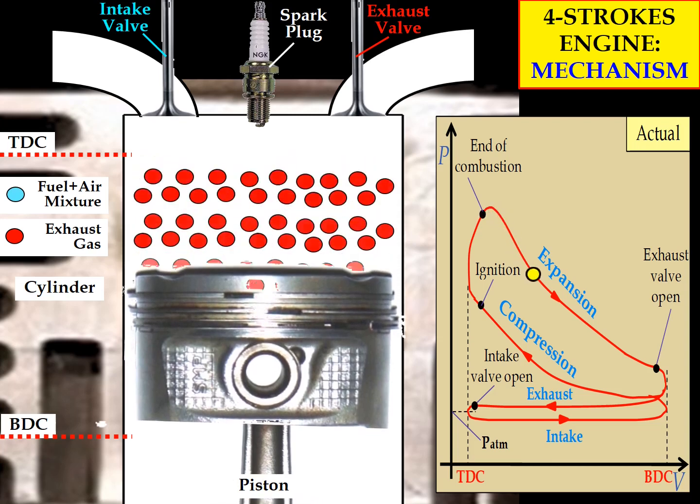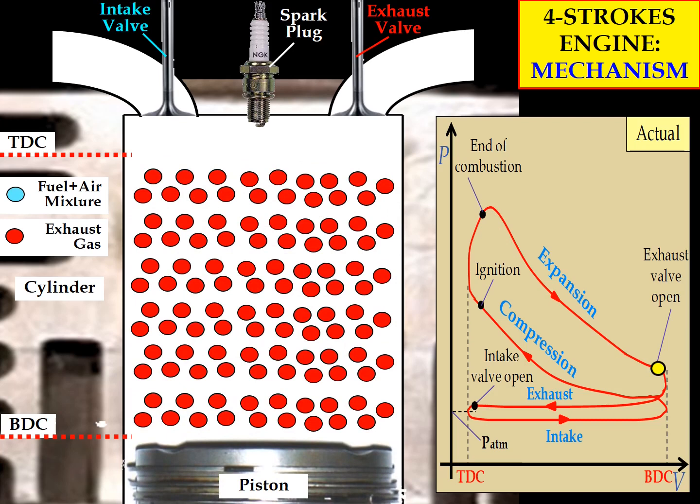For the expansion process, the piston must move downward. During the process, the volume increases and the pressure inside the combustion chamber decreases. The substance inside the combustion chamber during this process is the combustion product or exhaust gas, represented by the red color circle. During the process, both the intake valve and the exhaust valve are closed.